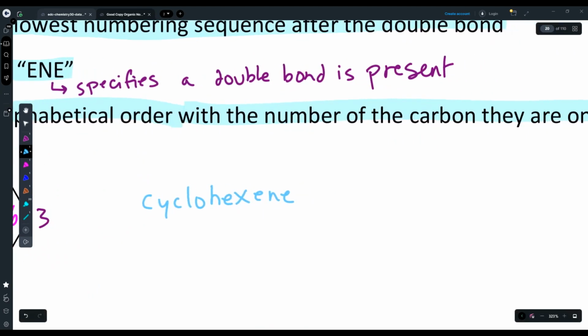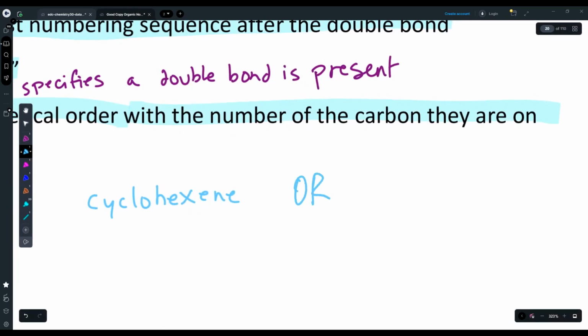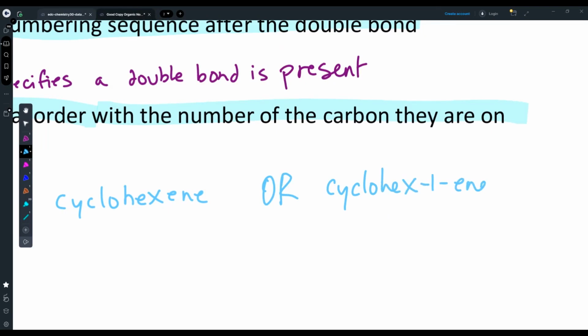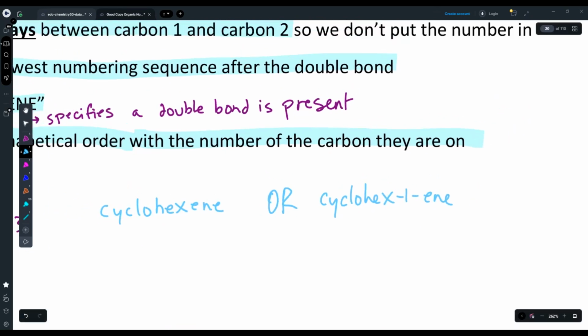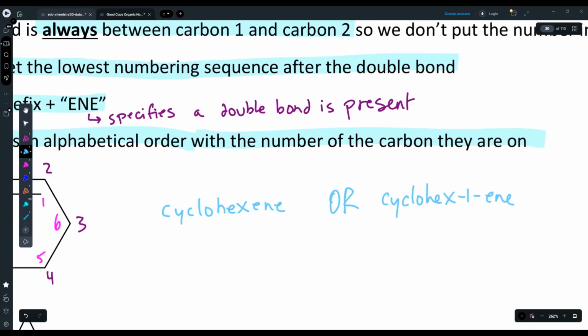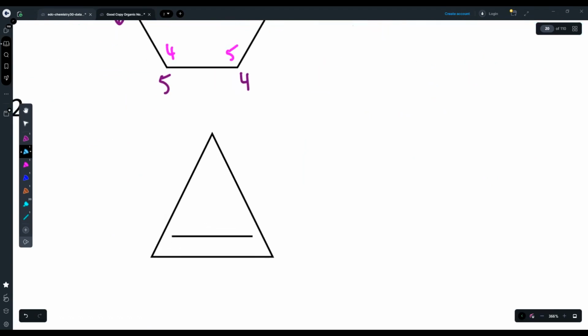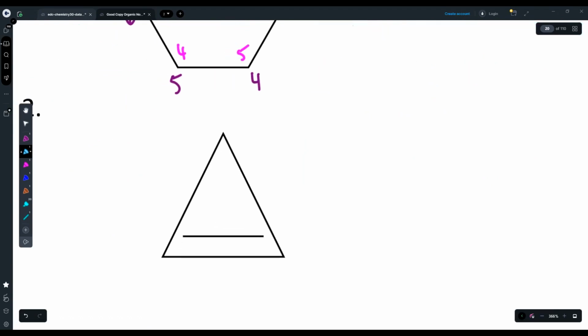So you could write this as cyclohexene, or you could write it as cyclohex-1-ene if you really wanted to specify where that double bond is. However, if there's no number written, you assume that it starts on carbon number 1. So both of these are correct. You can use either.